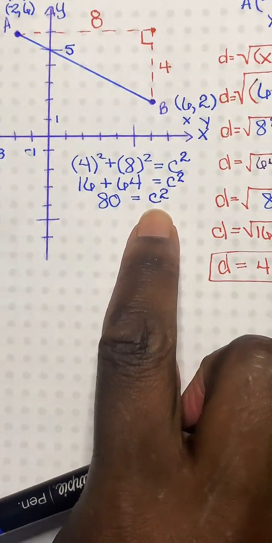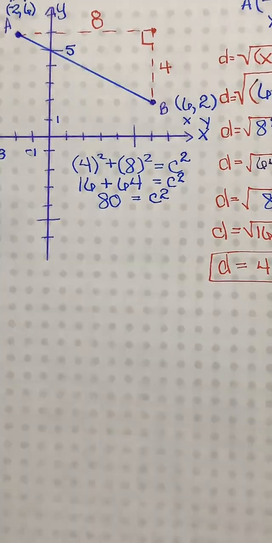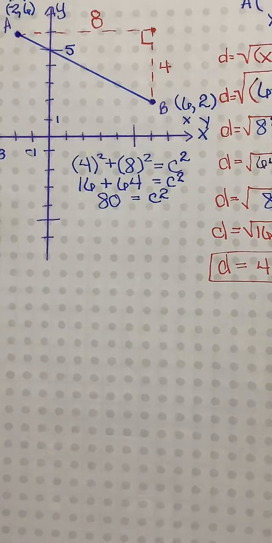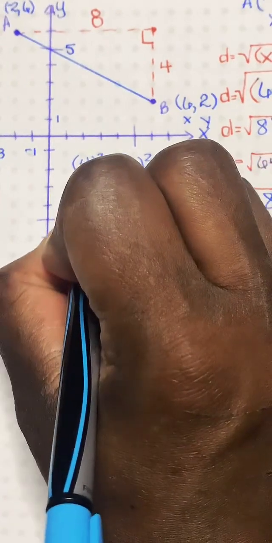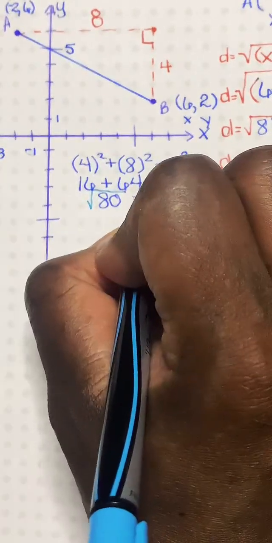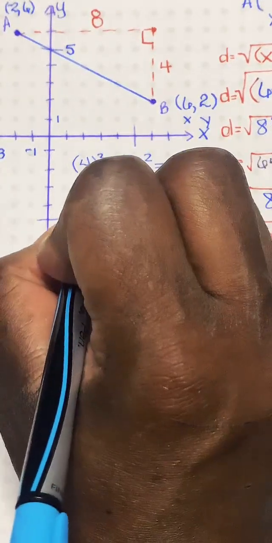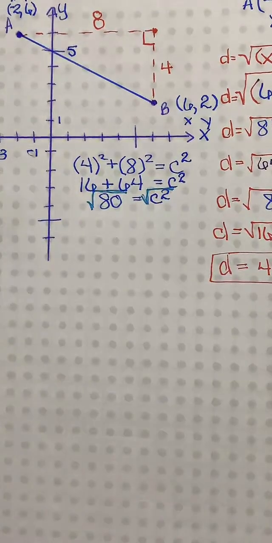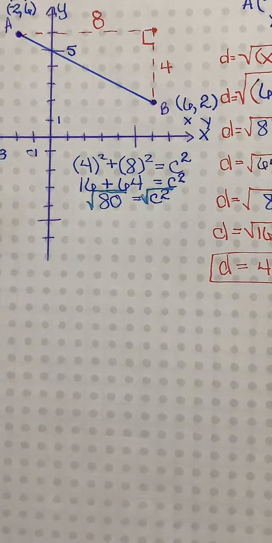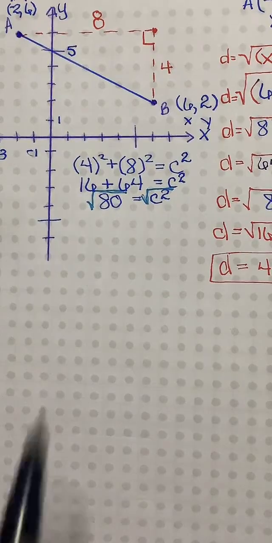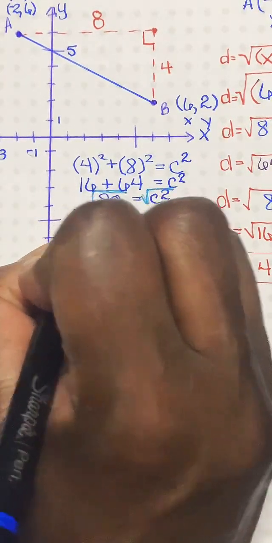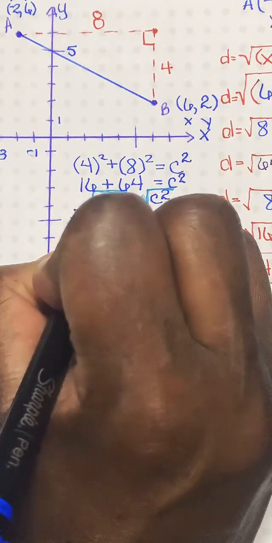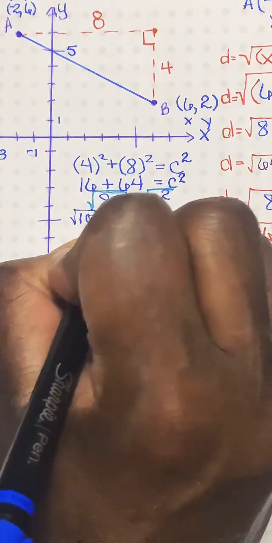And the way that we get rid of a square is doing its inverse, which is a square root. So now, square root of 80, we did that already, right? Remember, it was 16 and 5.